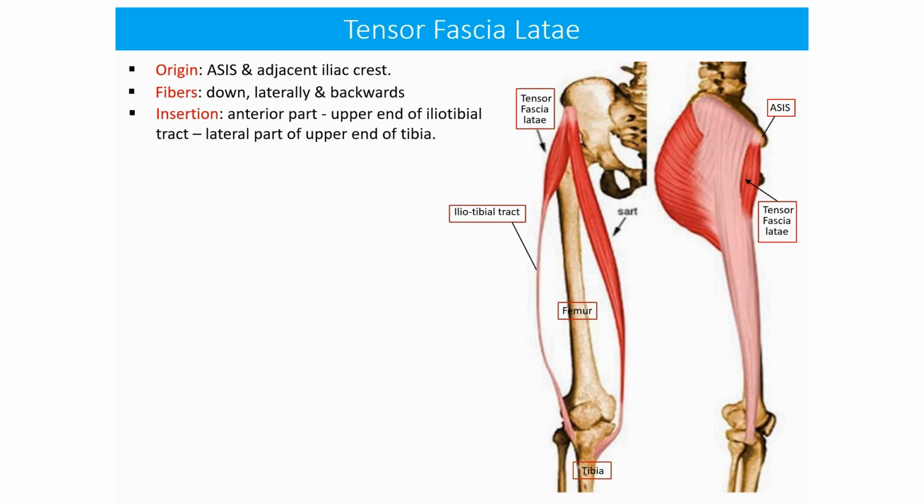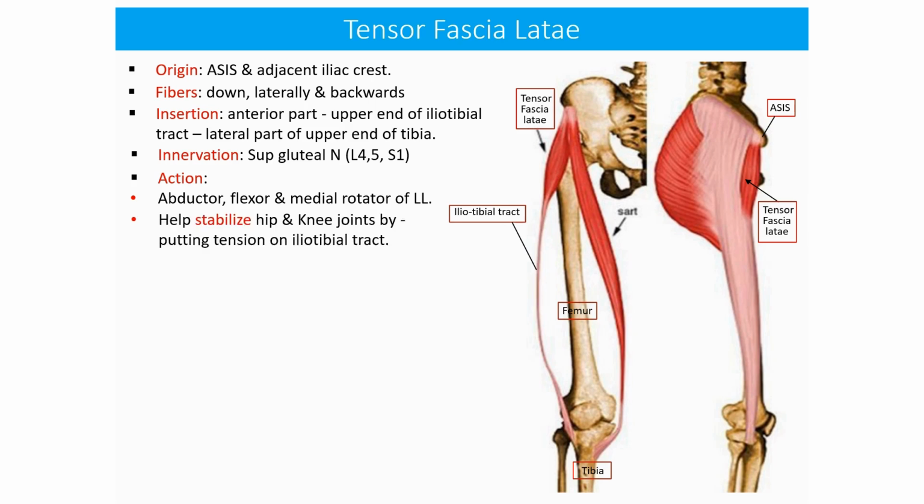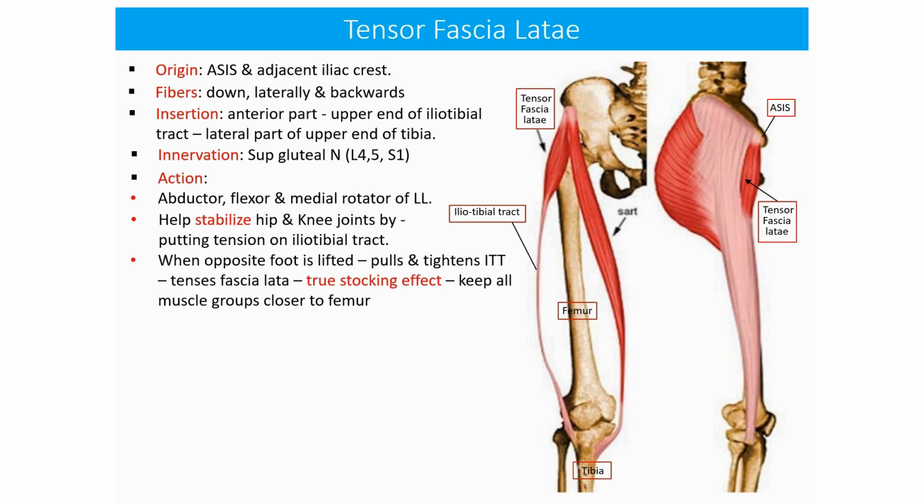And through this tract, this muscle gets attachment to the lateral part of the upper end of tibia. Tensor fascia lati is innervated by superior gluteal nerve. As regard the action, this muscle is abductor, flexor, and medial rotator of the lower limb. It also helps stabilize hip and knee joints by putting tension on the iliotibial tract.